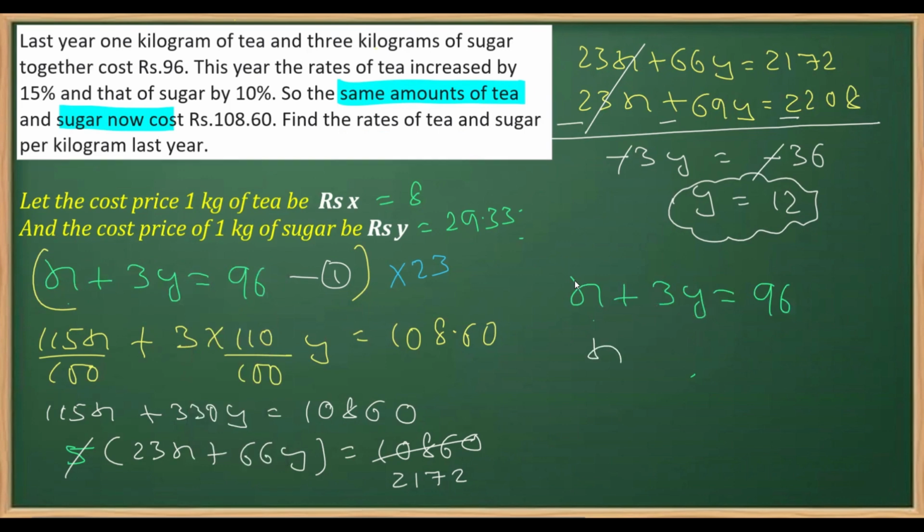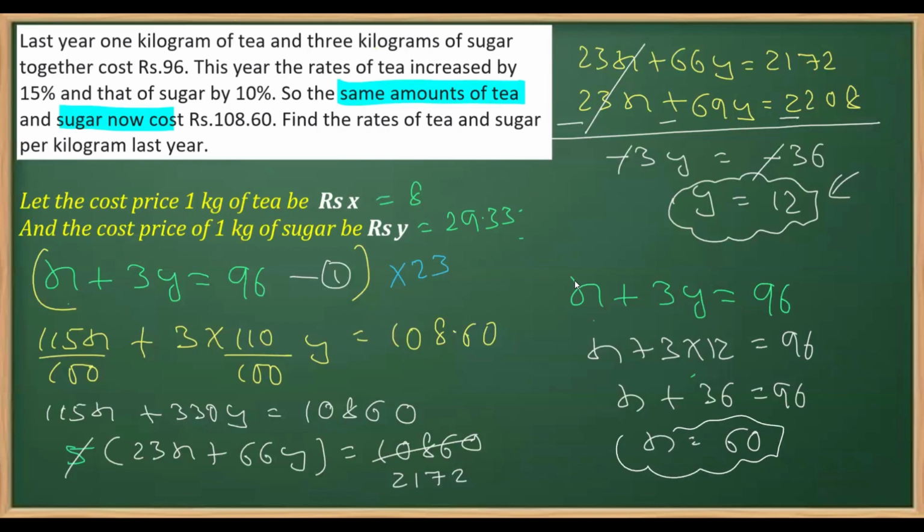So this is x plus 3 times 12, as you know y is 12, is equal to 96. How much is this? 36. 36 is equal to 96. So x is 96 minus 36, which is 60. It should be. So we got x.